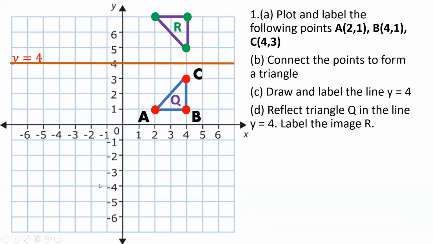Now let's reflect it. We're going to take each point and make sure it is an equal distance apart. So this point is 1, and this one is another 1, right?